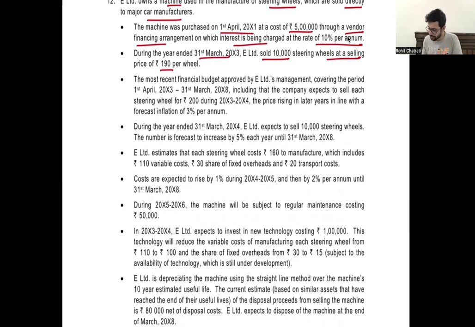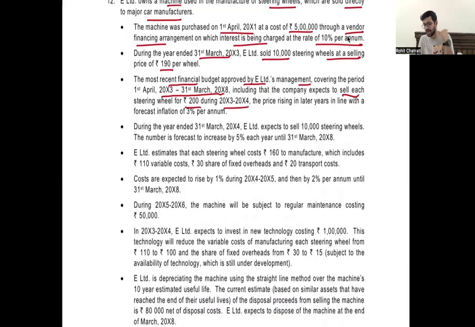The most recent financial budget, which is approved by E Limited's management, covers the period 1st April 2013 to 31st March 2018. The year ended 31st March 2013 got over, and E Limited has prepared a budget for the next 5 years, from 2013 till 2018, which has been approved by the management, wherein it states that the company expects to sell each wheel at rupees 200 from 2013-14.